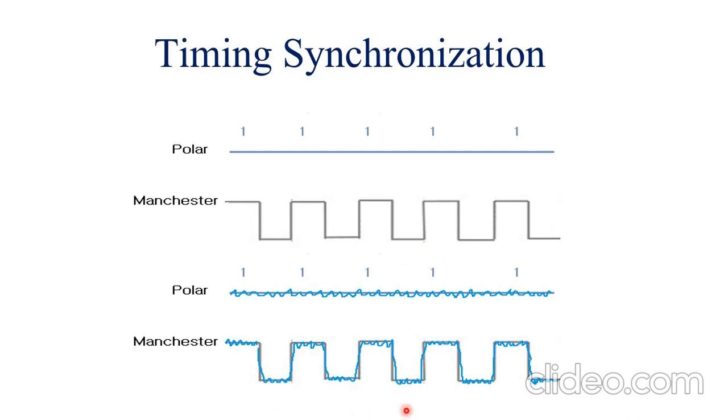So we can easily have timing synchronization, which is not possible in other schemes like polar. You cannot extract the timing information if a series of 1s or a series of zeros happens.